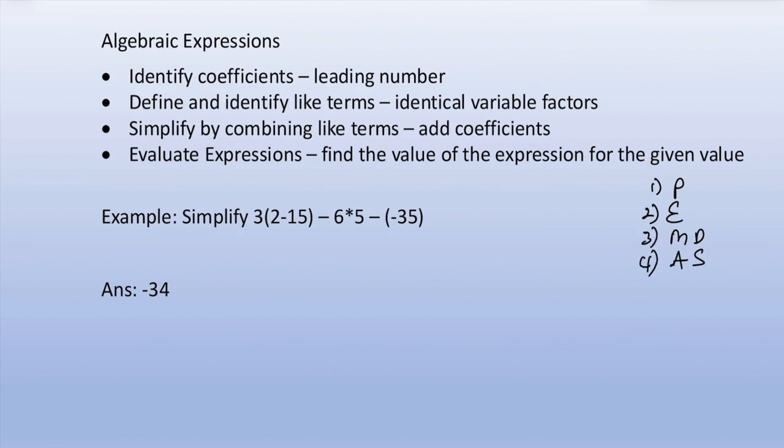You're going to start and do anything that's in parentheses or kind of grouping symbols: parentheses, brackets, or sometimes even fraction bars would do that. Then you're going to deal with exponents. Then you're going to multiply and divide from left to right, whichever happens first. And then finally you're going to add and subtract, whatever happens first.